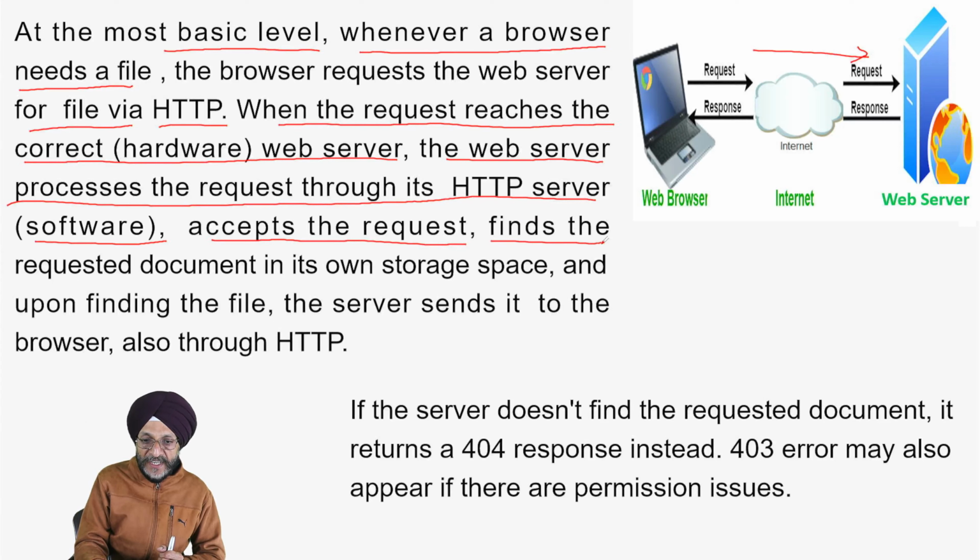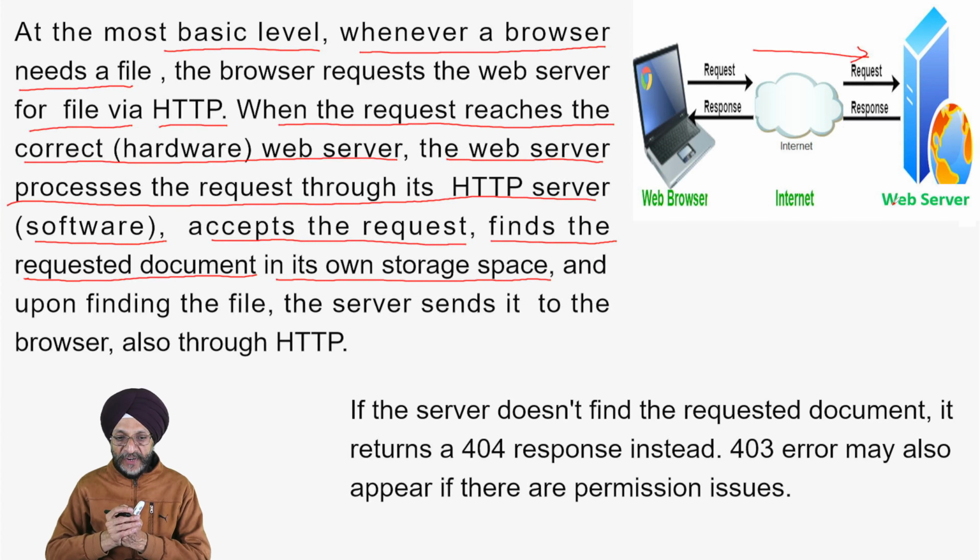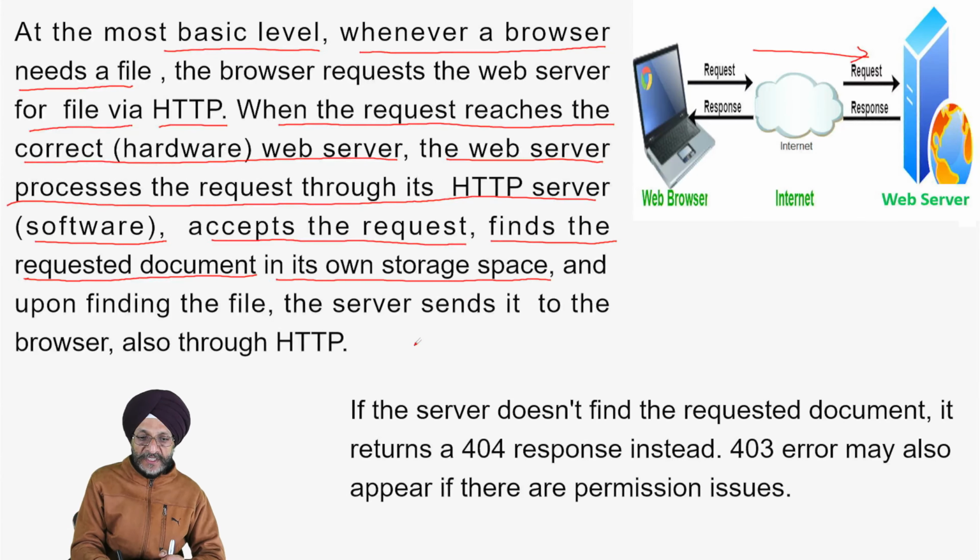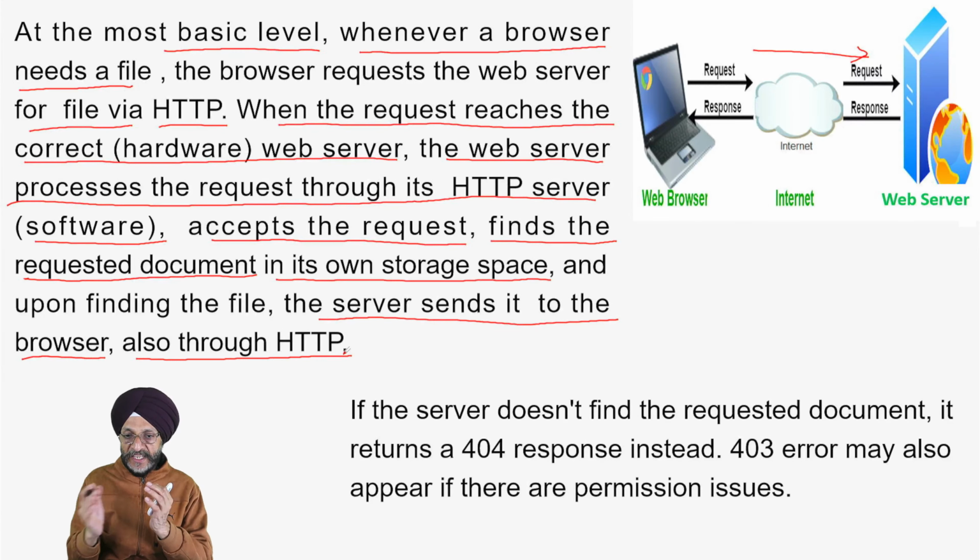Then the server finds the requested file or requested document in its storage space, and when it finds the file, the server sends the file back to the browser also through HTTP.